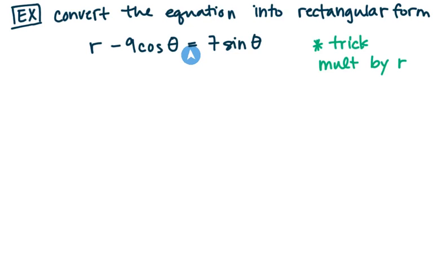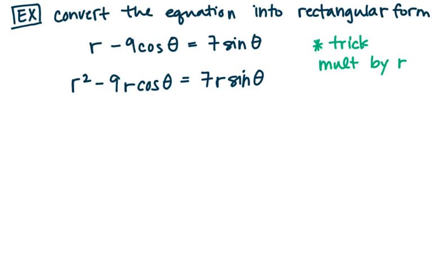And I can do that because it's an equation. If I did not have an equal sign and this was just an expression, we would not be allowed to scale that up. But because it's a balanced equation, I'm going to multiply on the left by r, which gives me r squared minus 9r cosine theta equals 7r sine theta.